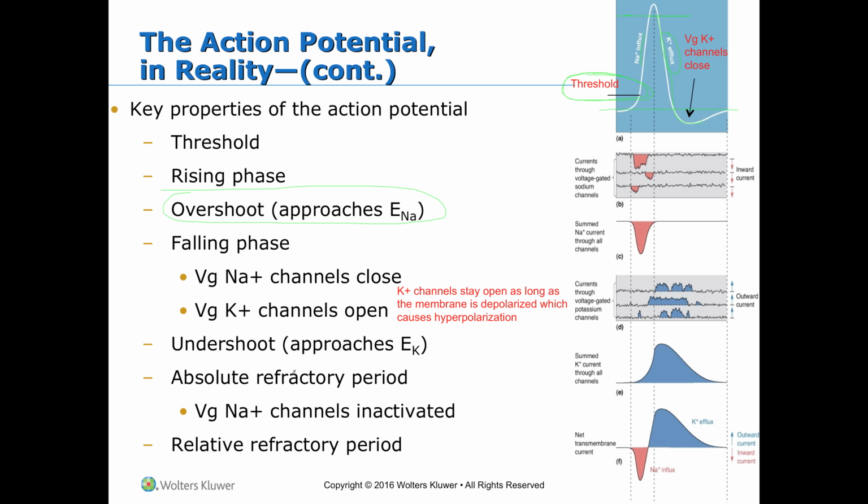The absolute refractory period is due to the voltage-gated sodium channels becoming inactivated. The relative refractory period is the period at which you have this undershoot here, where it's a little bit harder to go from this hyperpolarized state up to the threshold. It takes a larger current or a larger stimulus to reach that point. However, once you reach negative 55 millivolts, your action potential will fire.